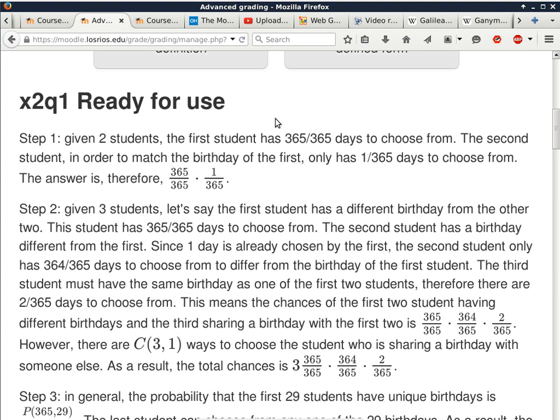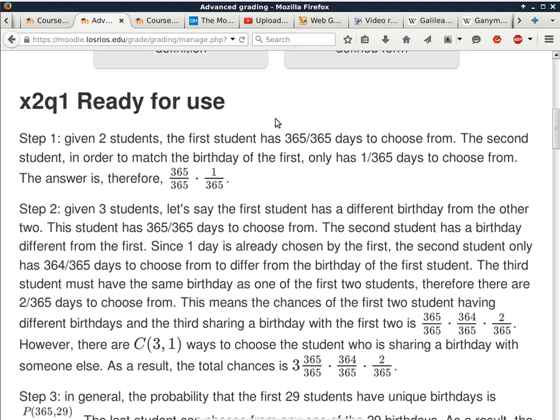Yep. So what about the way that you did it on the practice exam? The way you did it, you said if they don't share it, find that probability. It will work for step 1, because when you only have 2 students, they are complementary.